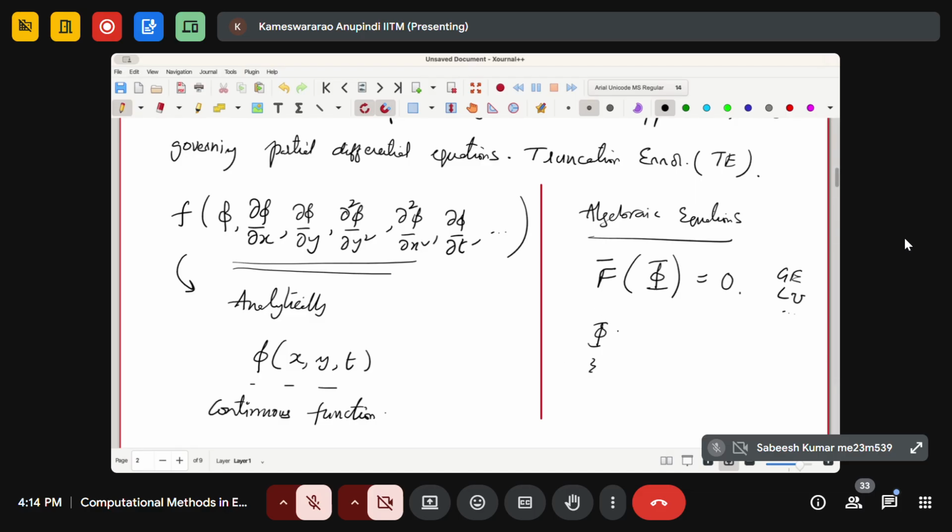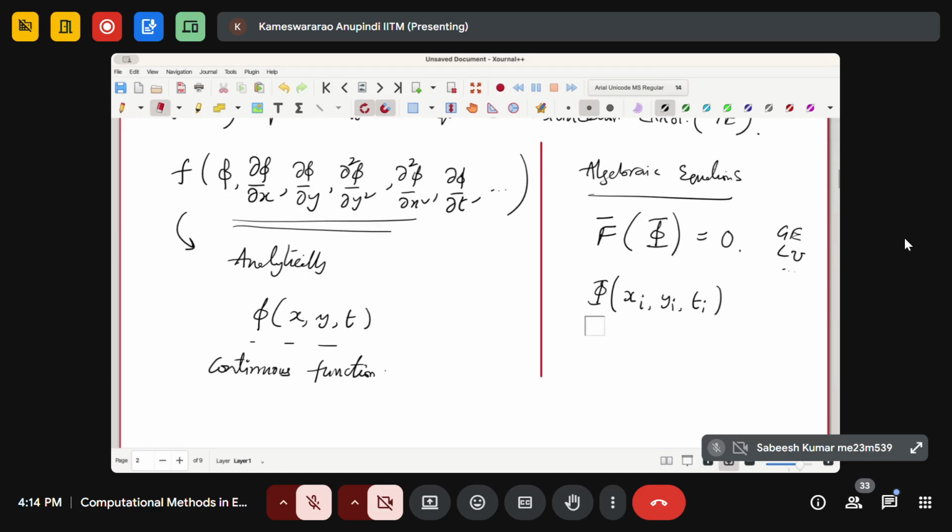But then we know that because this is only a discrete equation, the solution of phi is only available at discrete points, that is xi, yi, and discrete times ti, right? So I have only a solution at specified x and y locations and ti. I don't have a solution in between different xi values, but if I want, I should be able to somehow interpolate and calculate that.